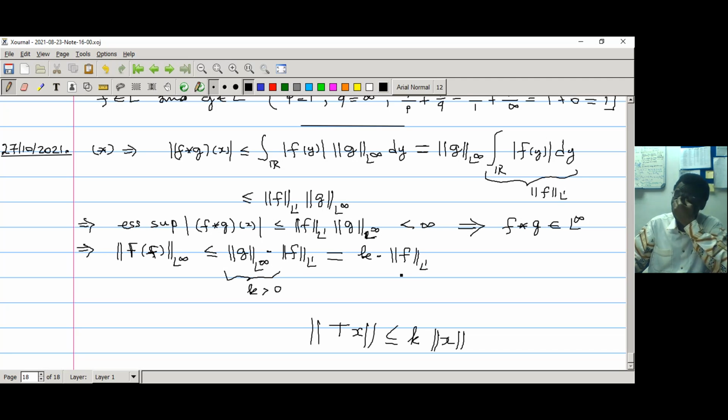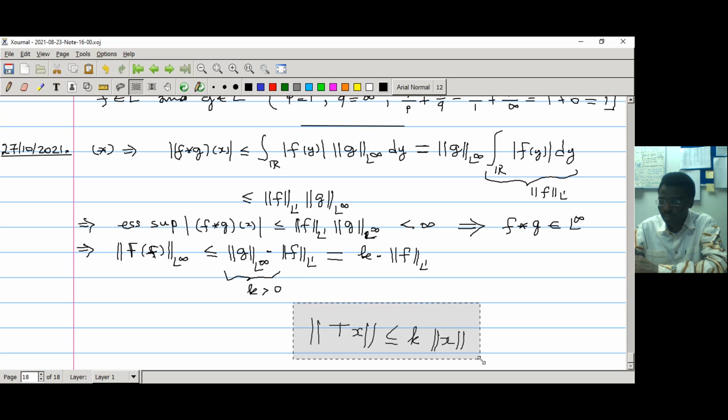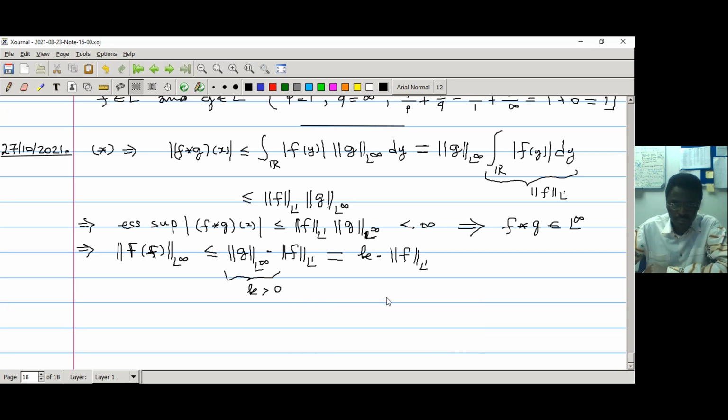So that's what we have. So this implies that we have a bounded linear operator. And K is the infinity norm of G. And since G is positive, K is also positive. Cannot be 0.